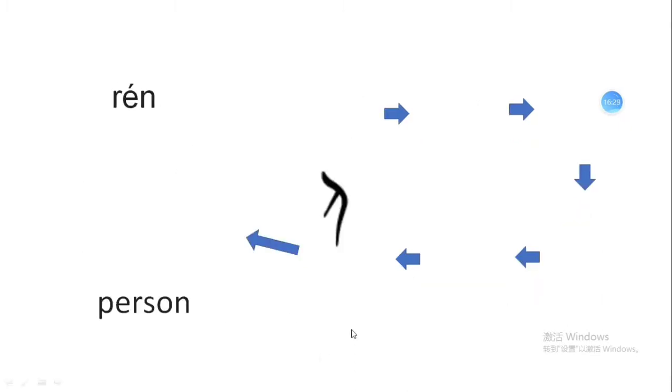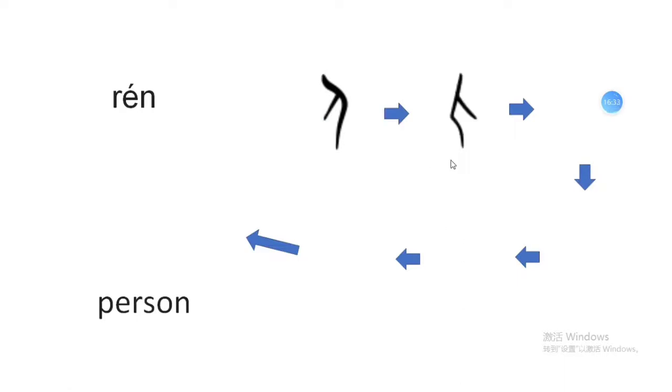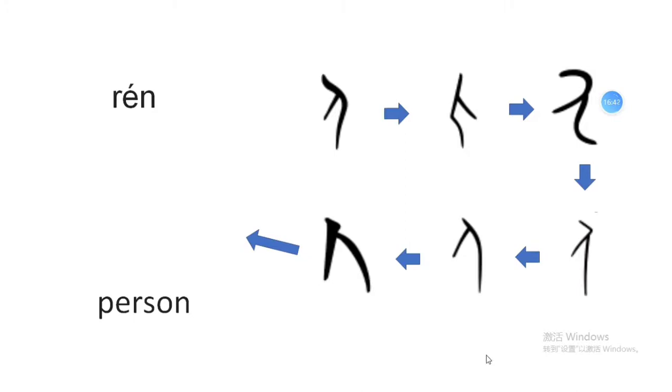Okay, how about this one? What do you think this looks like? Actually, this is how the person looks in the ancient times in characters. So this is its evolvement, okay? See the changes?